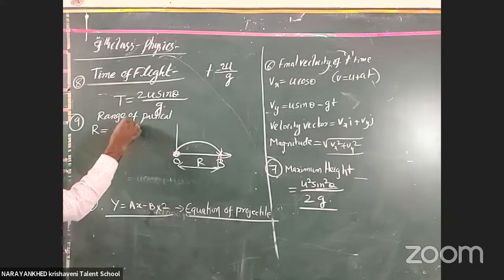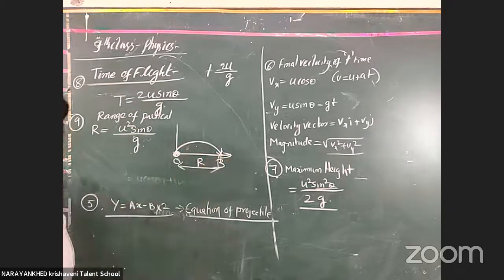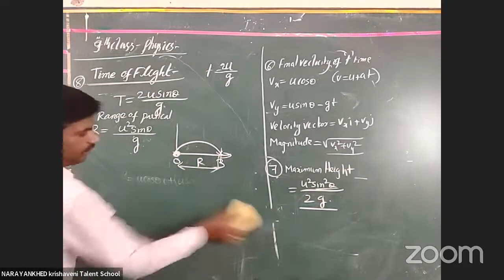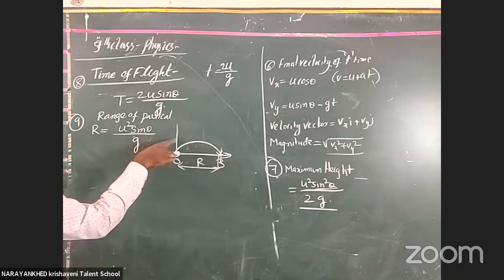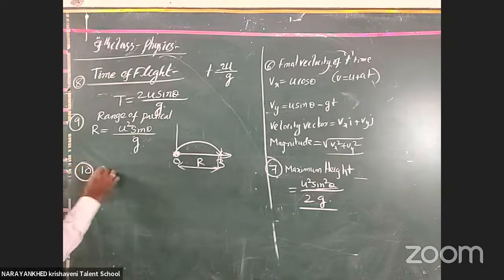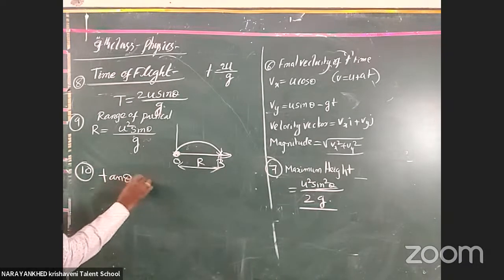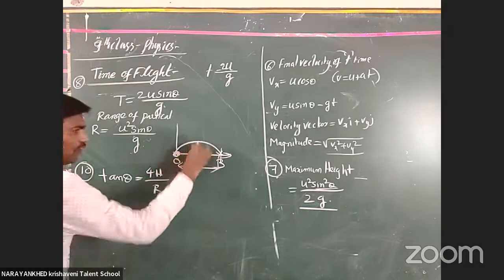It is equal to u square sin theta by g. Clear or not? This is called the range. Next, the angle between the two components, horizontal and vertical, is taken as tan theta is equal to 4h by R. What is the H here?